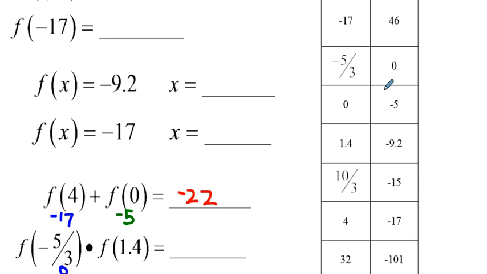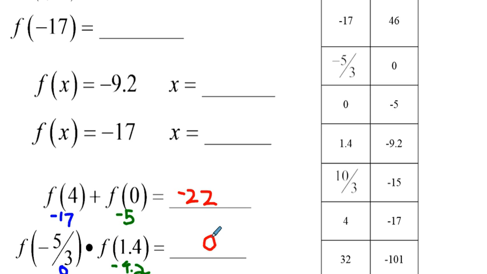Here's our input, there's its output. f of 1.4 is equal to negative 9.2. So we have 0 and negative 9.2. What are we supposed to do with them? Multiply them together. Well, 0 times anything is always equal to 0.